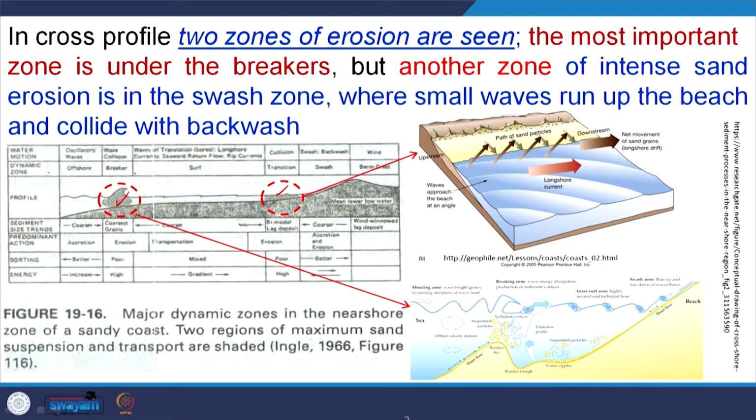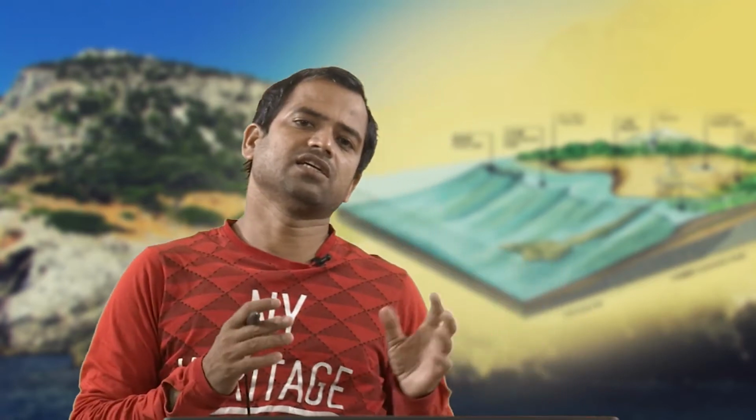Once a wave breaks somewhere, it puts tremendous stress on the bottom. So the free sand which is available comes into suspension mode, and once the sand is in suspension, it is easily transported towards the coast.